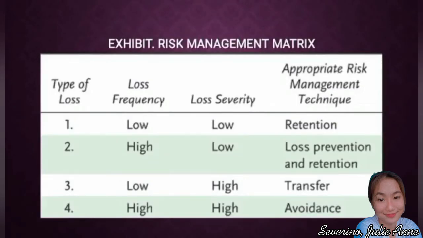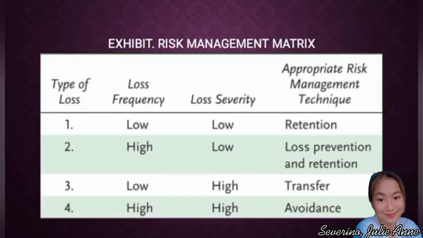And here is the exhibit, the risk management matrix. Type of loss. Number 1, loss frequency is low, loss severity is low. Approximate risk management technique is retention. Number 2, loss frequency is high and loss severity is low.